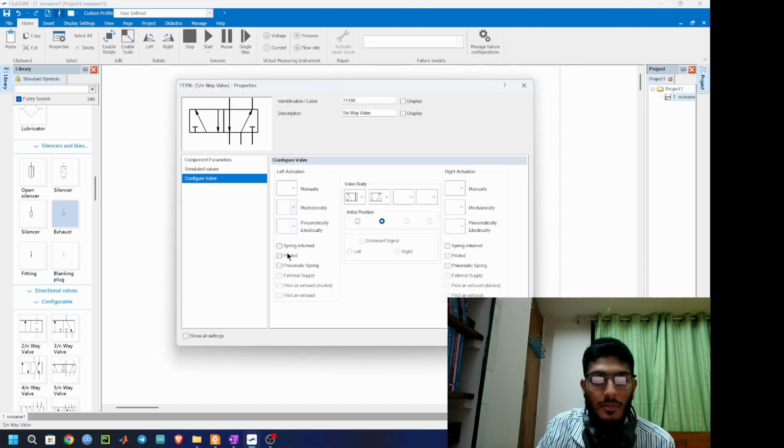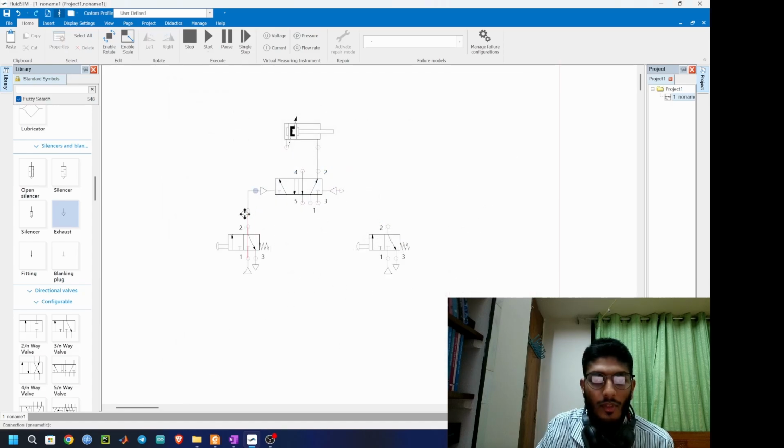Both sides will be controlled with pilot, pneumatically operated. Connect this, and copy this and this, paste. Okay, perfect.